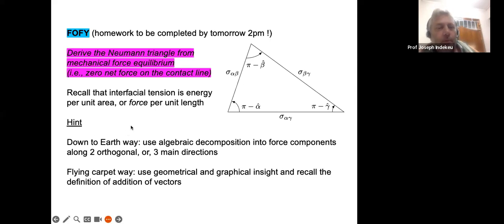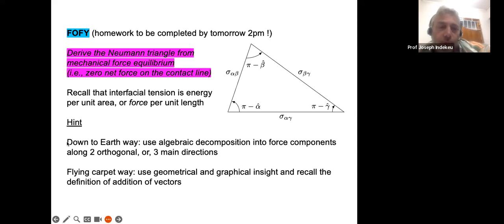There is a down-to-earth way to solve this problem, and that is to use algebraic decomposition into force components, either along 2 orthogonal directions, or maybe along the 3 main directions of this problem. And this is a method of solution for this problem that is used very often and that you will find in textbooks.